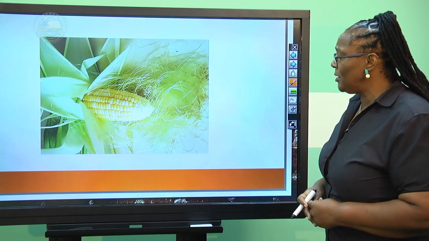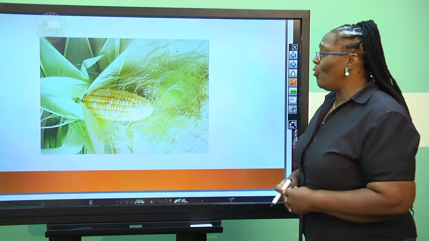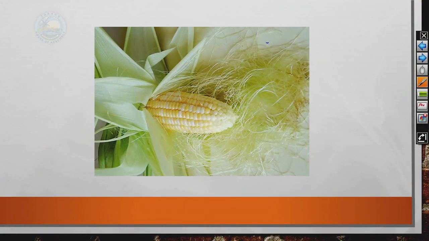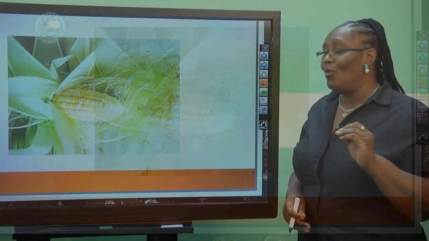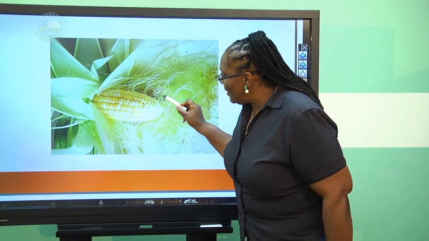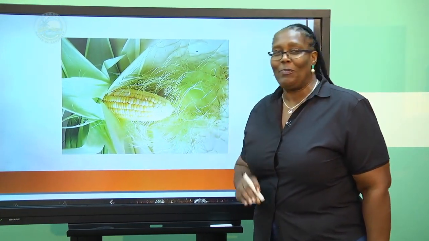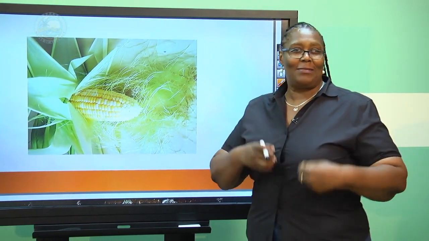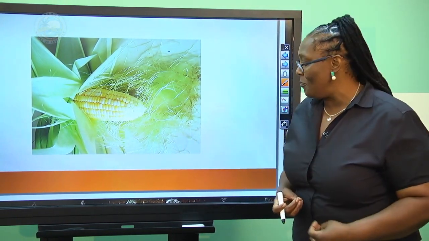Here, I just wanted to point out to you that some ovaries have more than one embryo sac. Some ovaries have more than one ovule. You can see corn here. One of the ways you can identify that you have more than one ovule is all these little strands here, that we all know when we peel corn, we have these problems with all these strands to remove.